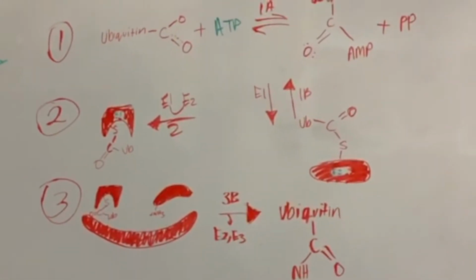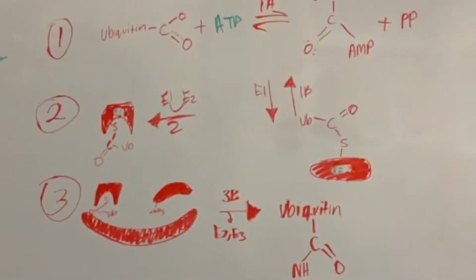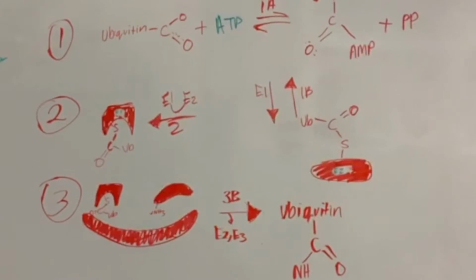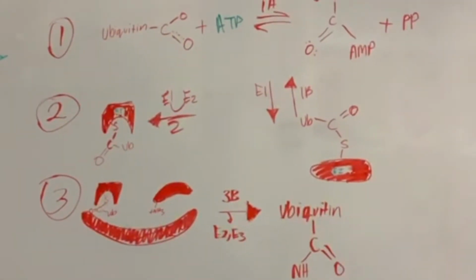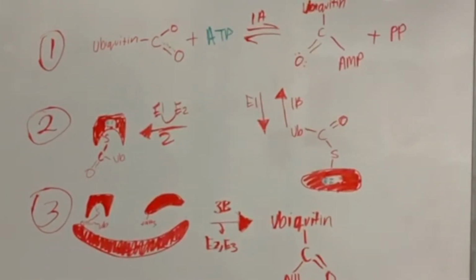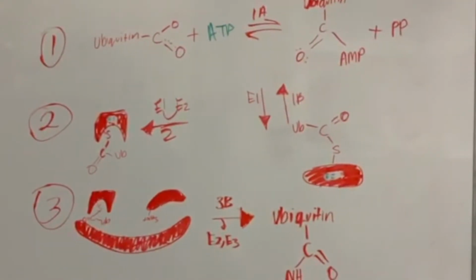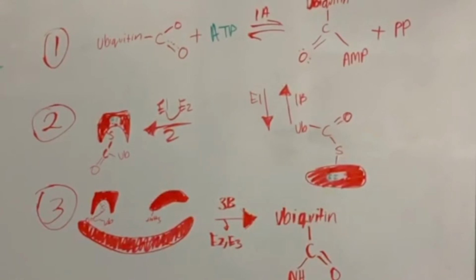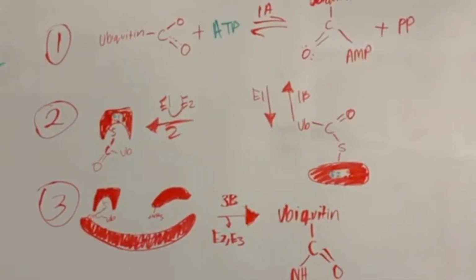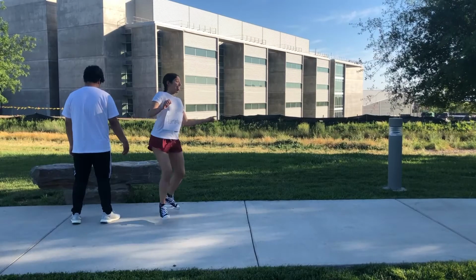This whole process occurs a minimum of 4 different times on every targeted protein, and the way that they are able to attach to each other is through isopeptide bonds. And this whole step is reversible through the process of de-ubiquitination, but this is literally the whole process.